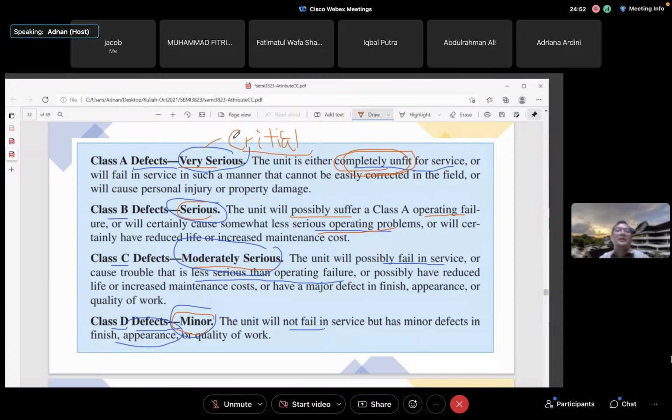Very serious. Serious is not as bad, in between, and this is minor.